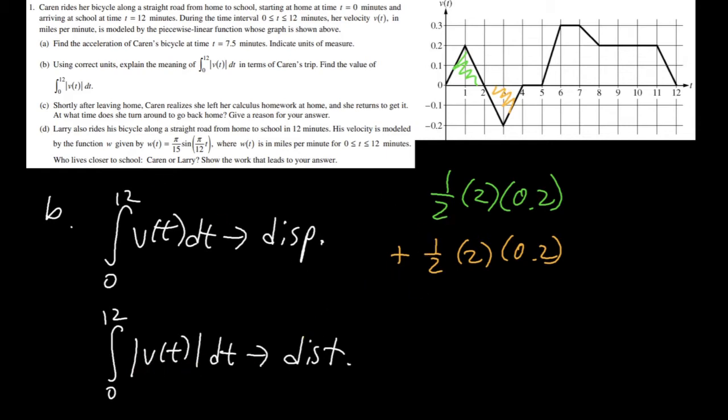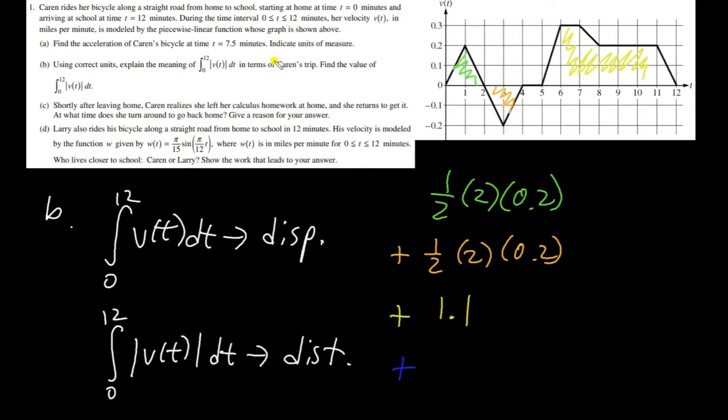Now for this next section, honestly, the easiest way for me to do this is just count the squares here. So we have 1, 2, 3, 4, 5, 6, 7, 8, 9, 10, 11, right? So this 11 here, we can literally just count the squares and say it's 11. And since each square is going to be 1 times 0.1, which is 0.1, 11 squares are going to be 1.1. Okay?